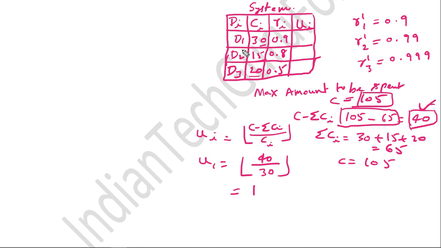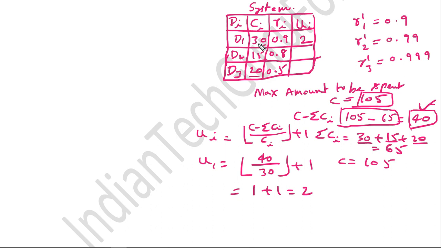However, to construct a system, definitely we need to have at least one device. So that's why we need to add that to this formula. So 1 plus 1, that is equal to 2. What does it mean? At most you can have two instances of device 1.